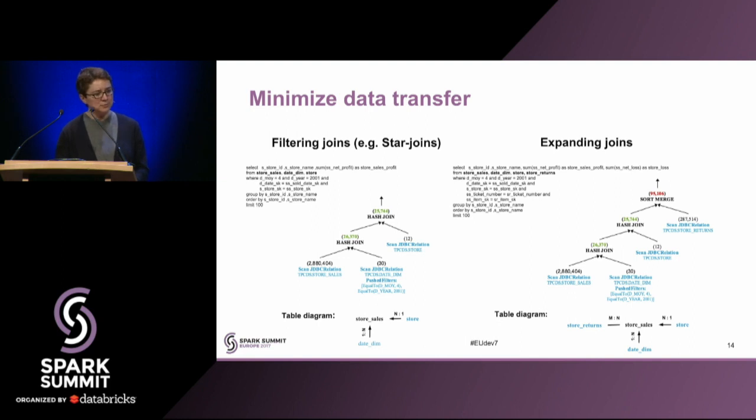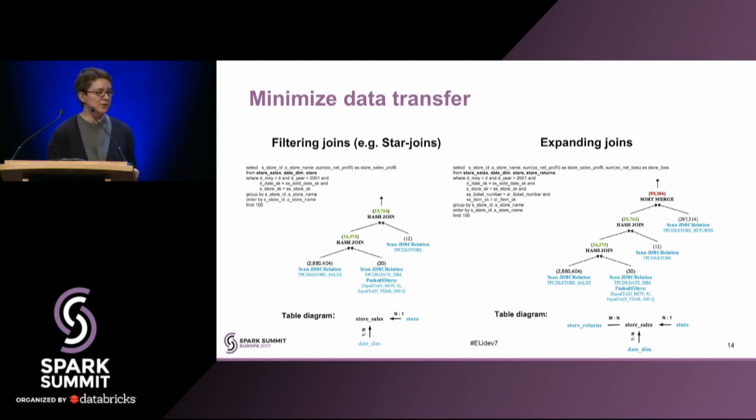In this example, we slightly change the previous query and add a fourth table, store returns. From the query execution plan, we observe that this join applied at the end will increase the number of rows from 25,000 to 95,000. At the bottom of the slide, we have two table diagrams that show the relationship among the tables.